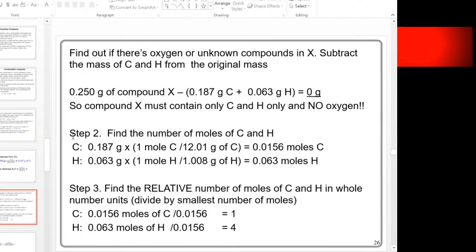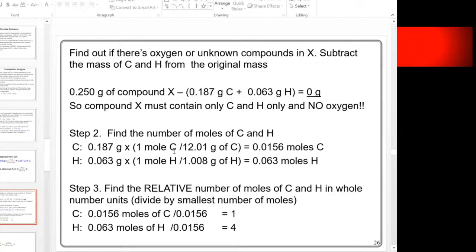The only new concept added here is combustion analysis, where we are determining the masses of carbon and hydrogen present in X. From step 2 downwards, we follow the same steps we used in empirical formula determination.